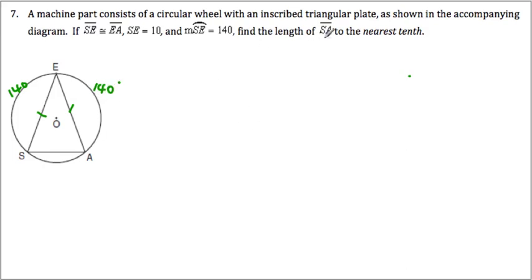Now find the length of SA, which is this bottom line segment. How would you do that? That arc is equal to 140, so we can say this must be equal to 70, and so is this one, 70.